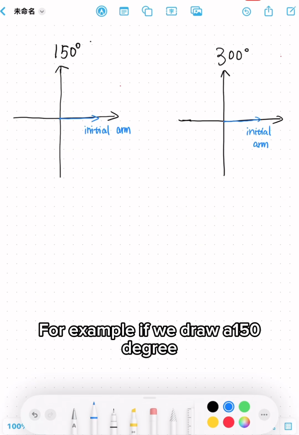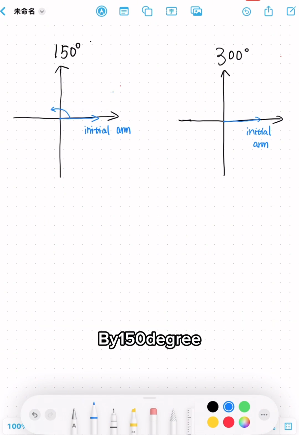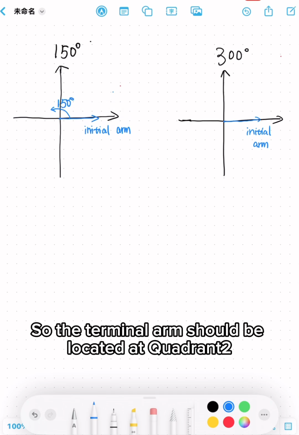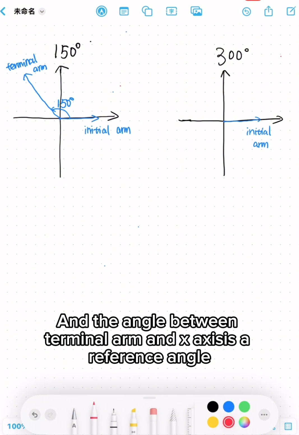For example, if we draw a 150 degree angle, same, we start from the initial arm and then rotate counterclockwise by 150 degrees. So the terminal arm should be located in quadrant 2. So this is the terminal arm, and the angle between the terminal arm and the x-axis is the reference angle.